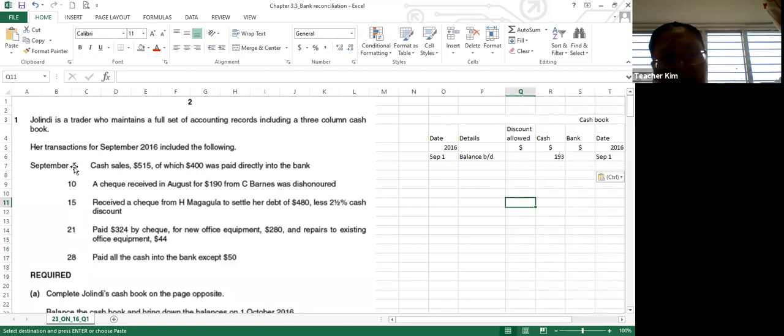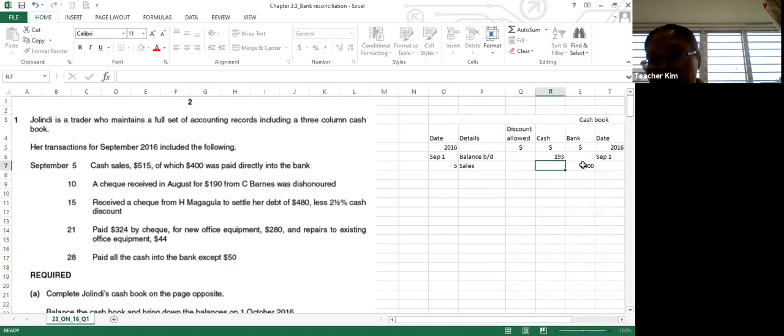September 5th, cash sales. They say that 400 is paid directly into the bank, so bank account 400, and the balance is kept as cash, so minus 400. This is the cash, this is the bank.